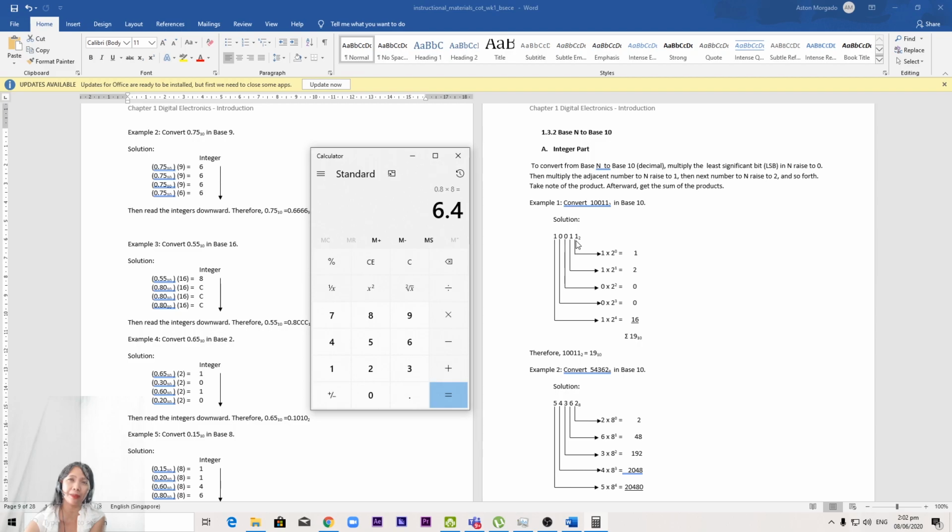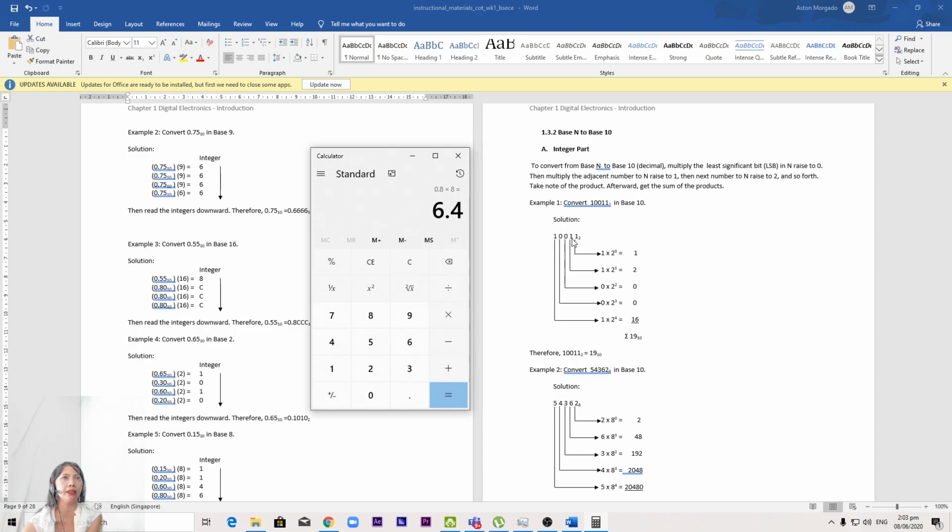If this is the least significant bit, then the leftmost number becomes your MSB, the most significant bit, because it has the greatest weight, the biggest exponent.